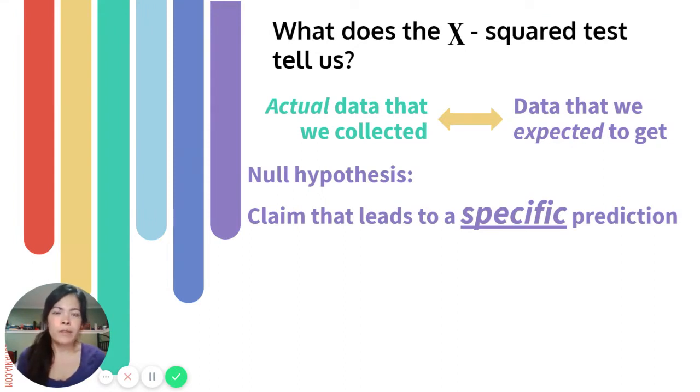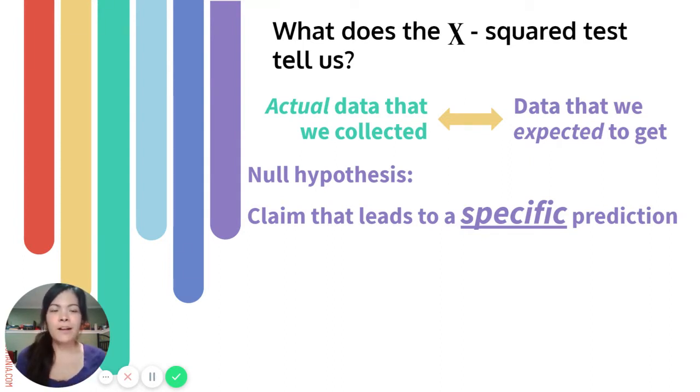So in this case, our null hypothesis is a claim, so that squares up, but it's a specific kind of claim that lets us make exact predictions about data that we're going to get.